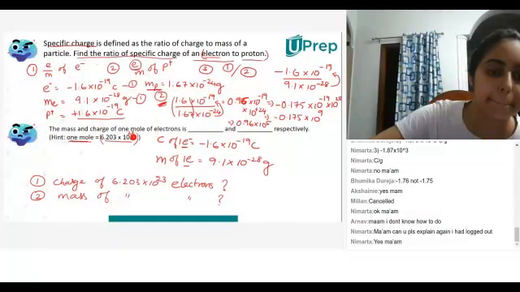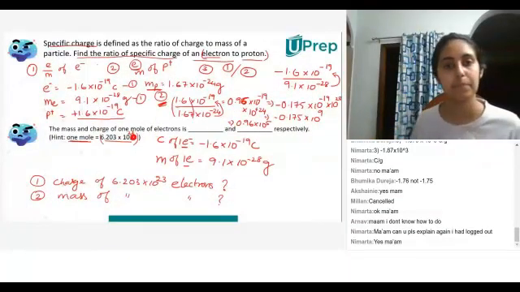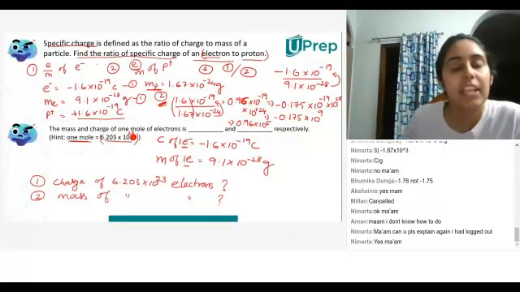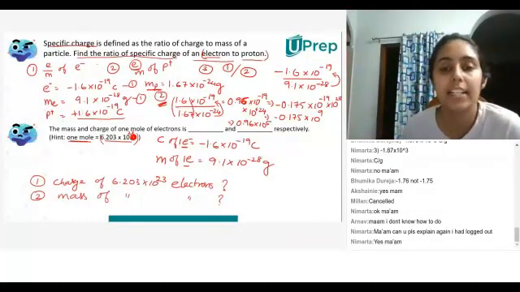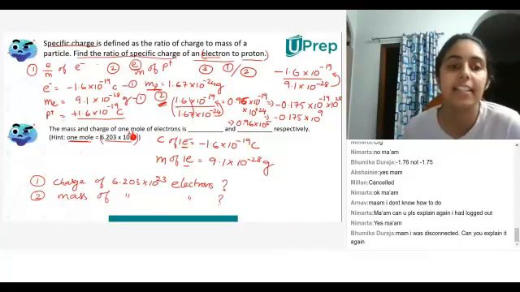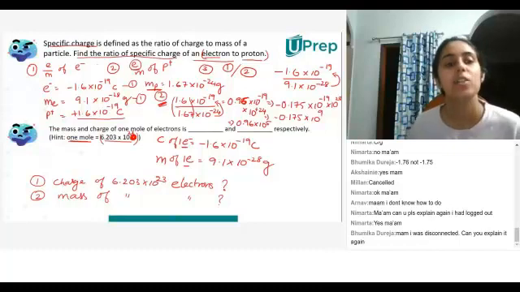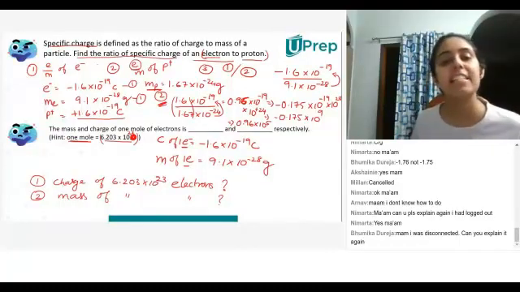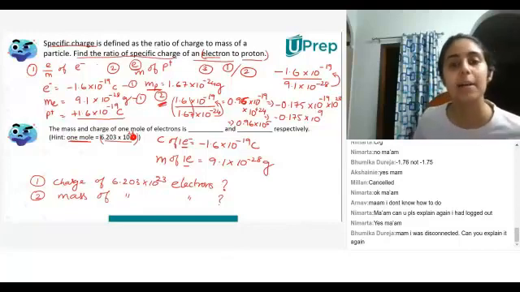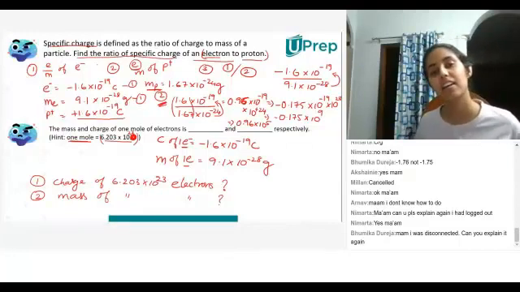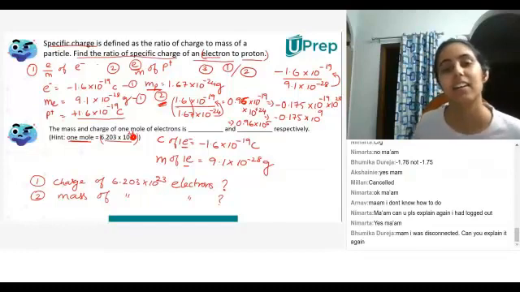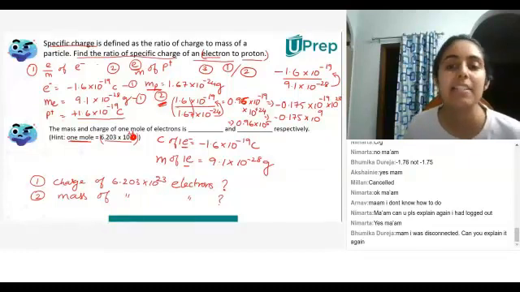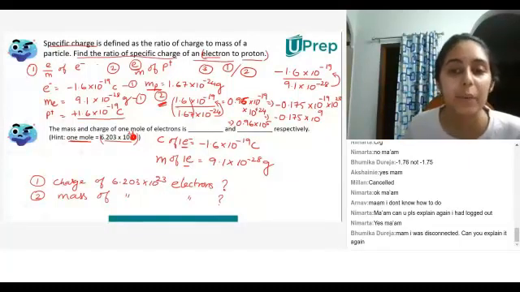Can you please explain, because there was a power cut? Yeah, Bhumika, I'm explaining again. If I say there is 1 dozen of eggs, how many eggs are there? There are 12 eggs. Very good. So if I say there are 1 mole of eggs, how many eggs are there? That means 6.02 into 10 to the power 23 eggs.